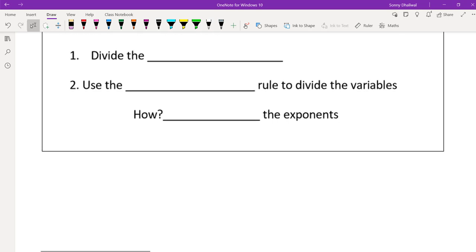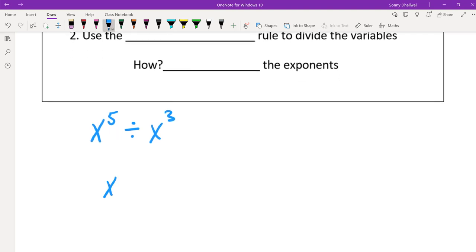So, now, if we were dividing, so we had x to the 5 divided by x cubed, remember that could be rewritten as x to the 5 over x cubed. Division is the same thing as a fraction. From the first chapter, the base never changes, but what's the rule for the exponent? Subtract.